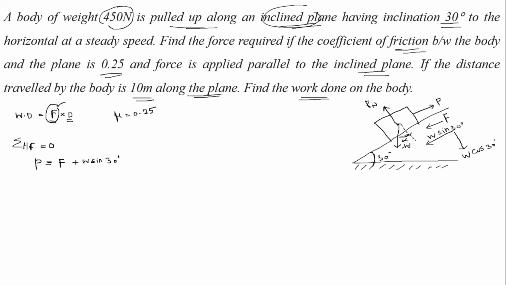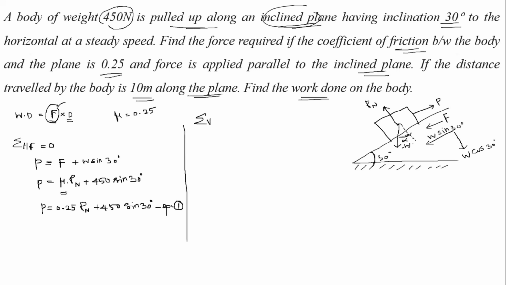So, P is equal to the frictional force mu into Rn, plus W, which is 450 Newton, into sin 30 degree. The coefficient of friction is 0.25. So, P is equal to 0.25 into Rn plus 450 sin 30 degree. This is equation 1.